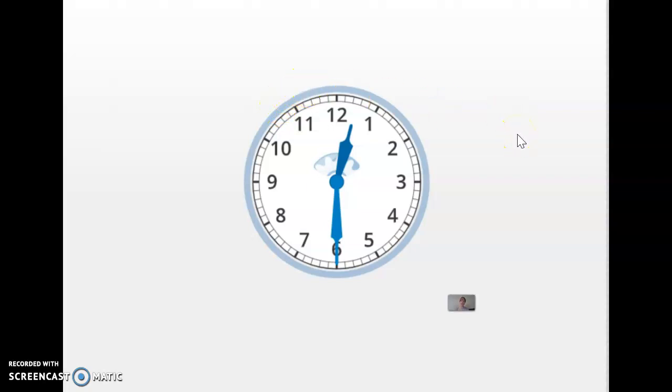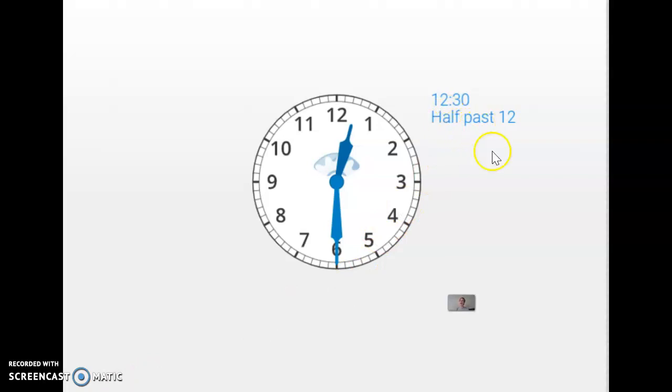So the time that I am showing on this analog clock right here is 12:30 or half past 12. I think these words half past are really going to help you as we read some more of these analog clocks.